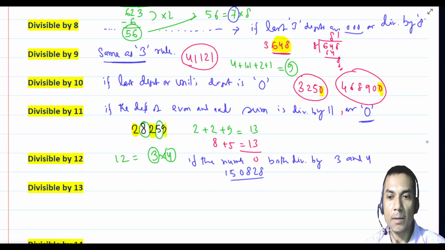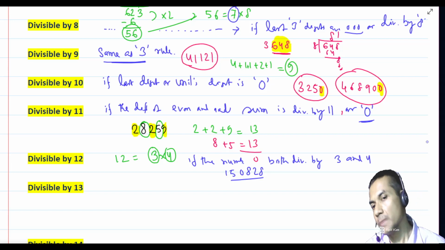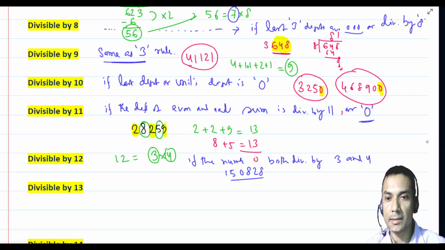Next is divisible by 13. For this, you just remember one shortcut, a remembering technique. This is actually how I remember it: 1 plus 3, we get 4.